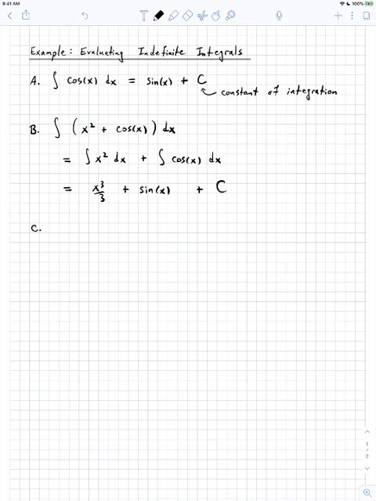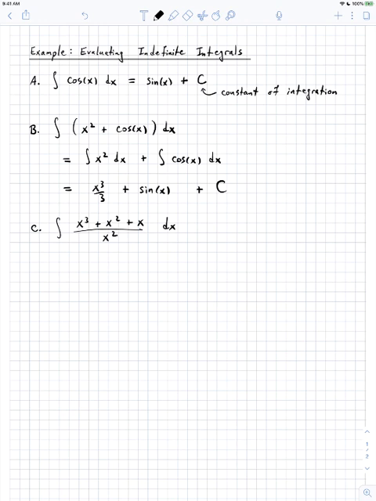Example C. What happens if you get something a little bit, let's say, less obvious? The integral of x cubed plus x squared plus x all over x squared dx. What about that?